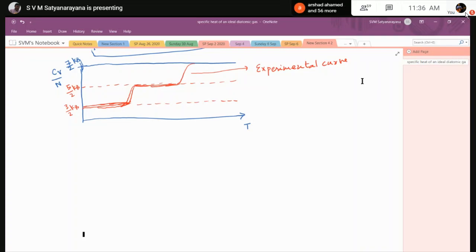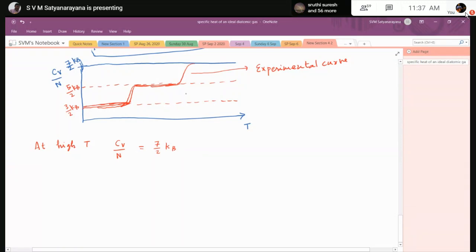Okay, so this is the task, and it is very simple. This also is very rich physics with respect to this calculation. So now what we are trying to do is this. At very high temperature, CV by N is equal to 7/2 kB, according to classical calculation.